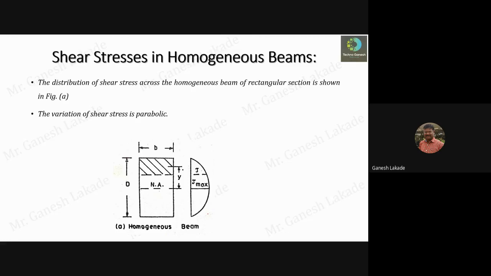I'm not talking about shear force distribution; it is shear stress distribution across any section taken at any location of that beam. This variation of shear stress is parabolic for homogeneous material.